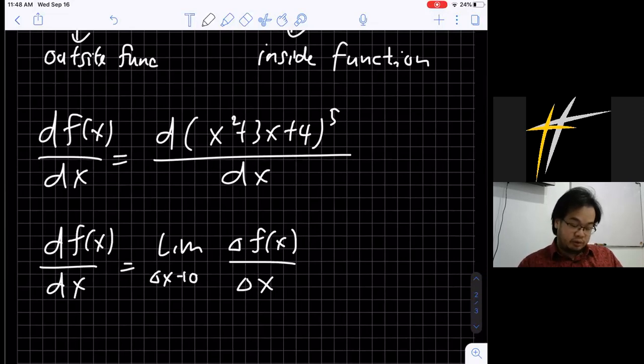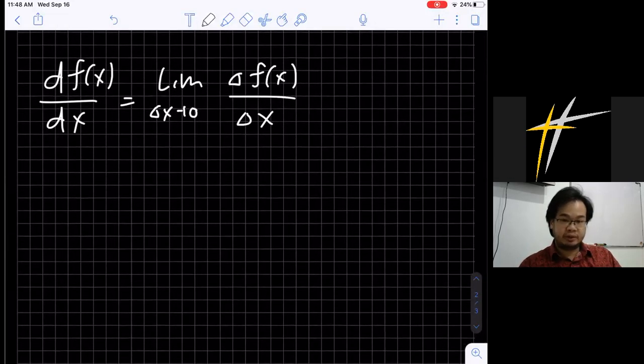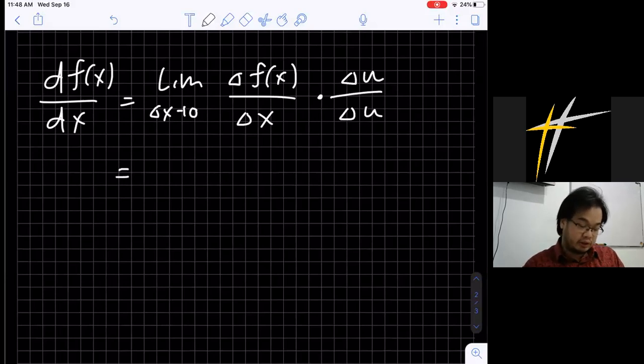Now, to get the chain rule, we're gonna manipulate it. We're gonna do some modification by multiplying it by delta u over delta u. So I will get it as equal to the limit as delta x approaches 0, and then I switch it like this.